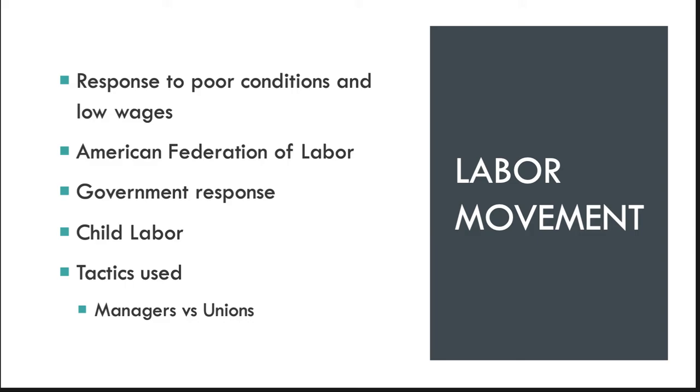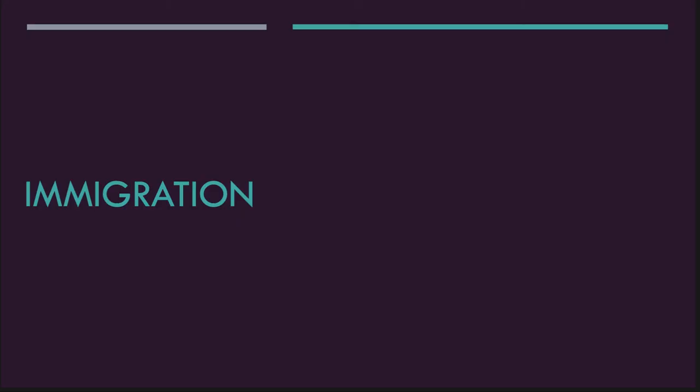And then the tactics used by unions are going to be strikes, boycotts, and picketing against the management in order to get what they want. So there's a difference between the tactics used on each side. Make sure we note that.